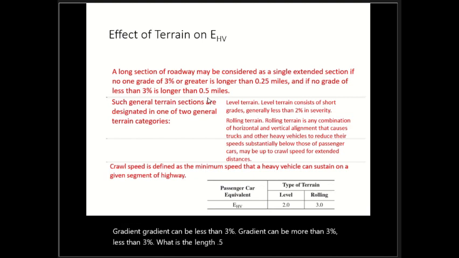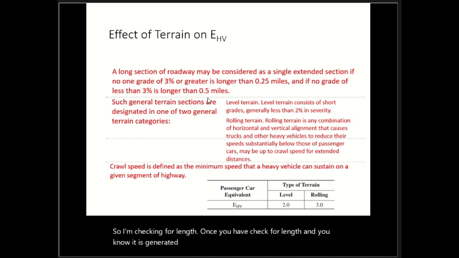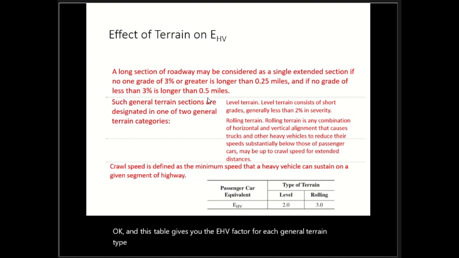If it was more than 3%, I will check for length to be 0.25 miles. Once you have checked for length and you know it is general terrain, now I will check for gradient to know which type of general terrain. And this table gives you the EHV factor for each general terrain type. Got it? Any other question? Clear?